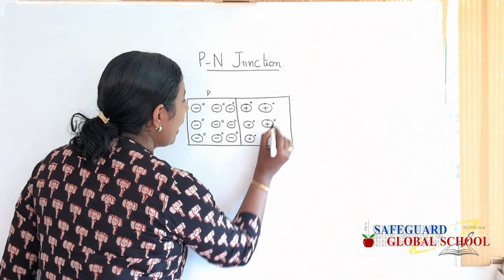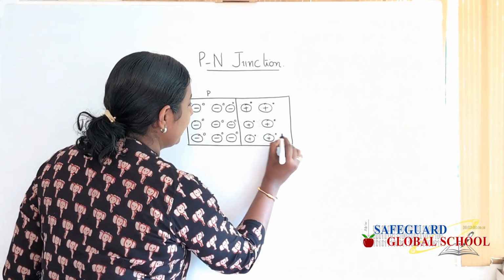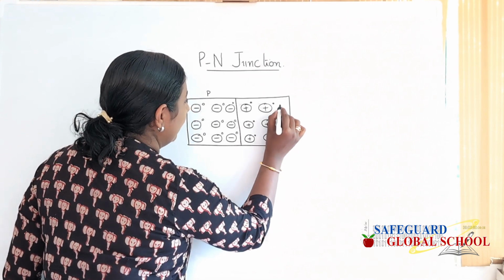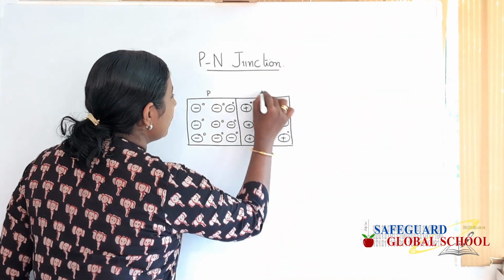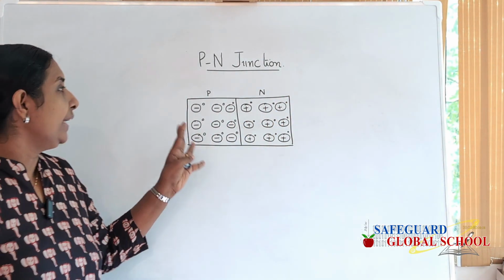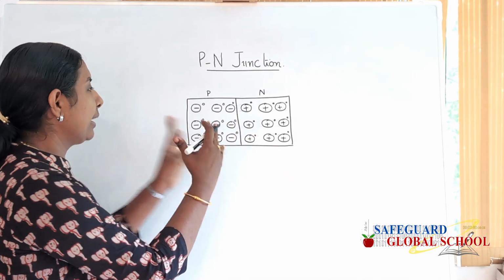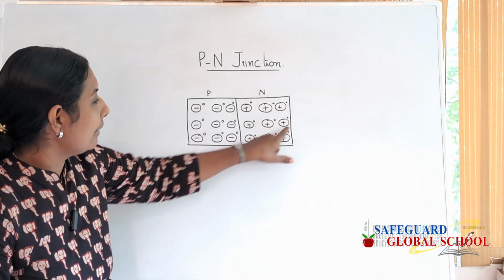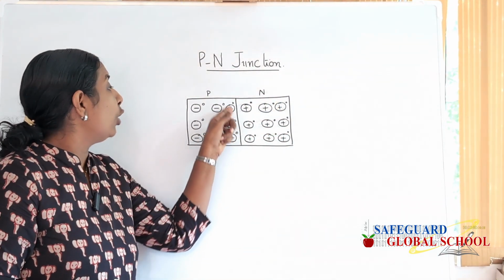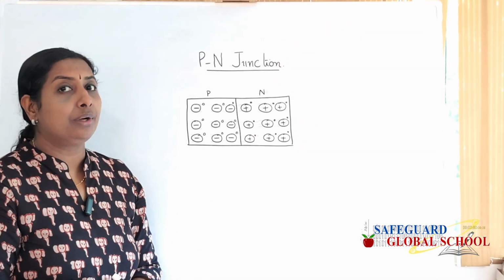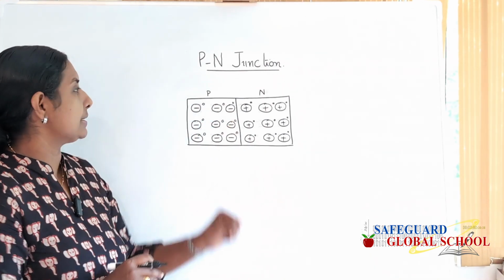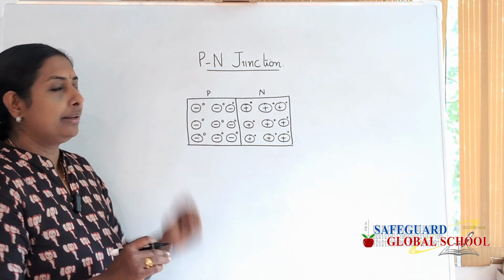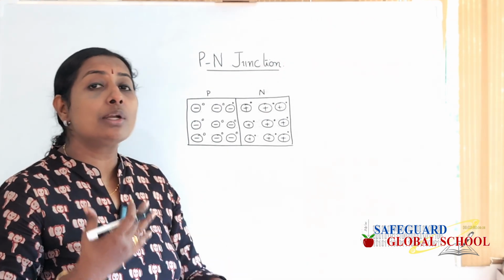So listen, children, what happens when a PN junction is formed? Let us discuss what happens if the PN junction is formed. So this is a PN bar. Initially, during the formation of a PN bar, what will happen? The electrons here are the majority carriers and the holes on the P side are the majority carriers. Usually, what happens when there is a concentration difference?